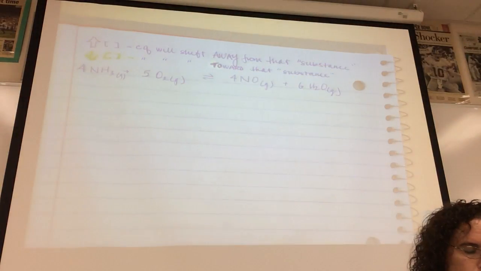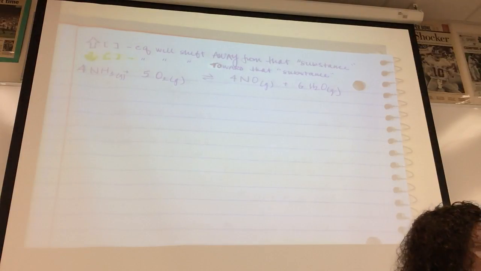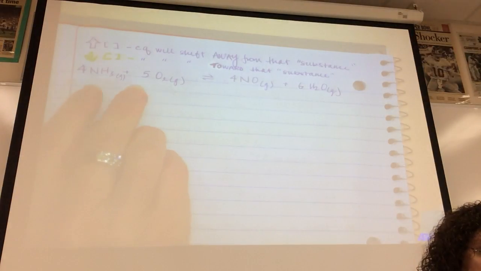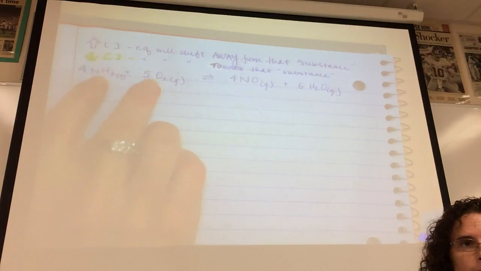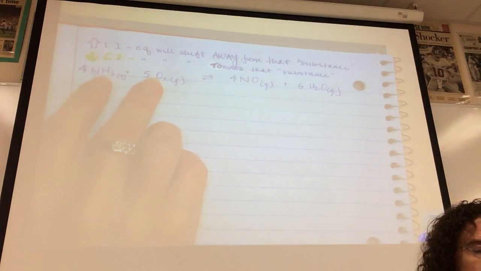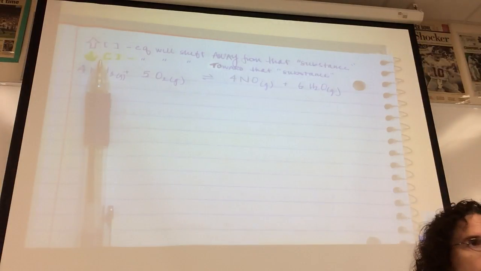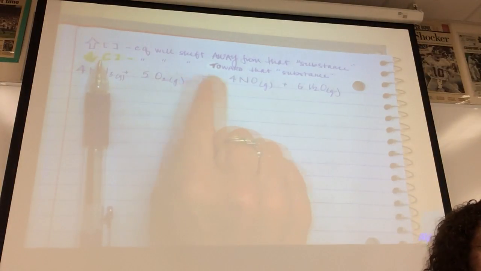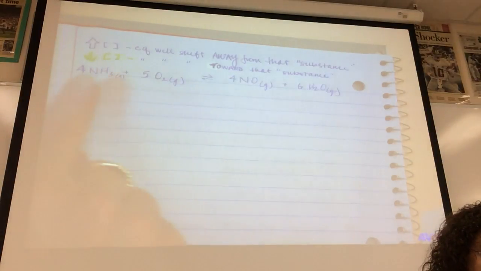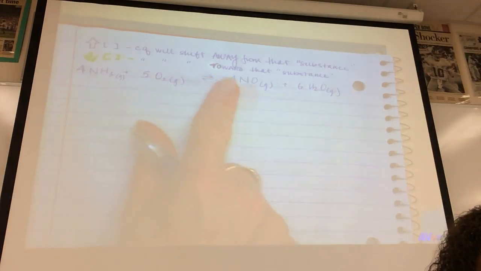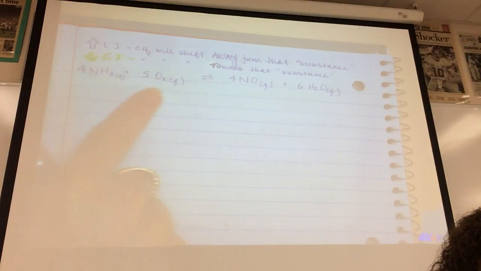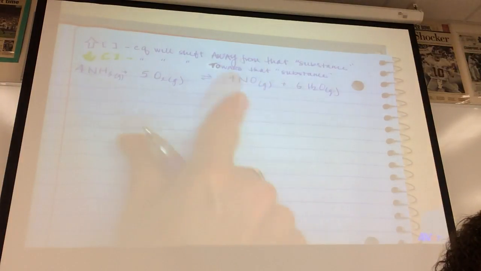Okay? Now, without going through the examples here, if you increase concentration of either reactant, equilibrium must shift away from that substance. So, for example, if you increase ammonia concentration, equilibrium shifts in the forward direction, because if the reaction shifts forward, reactants will get consumed and products will get made.